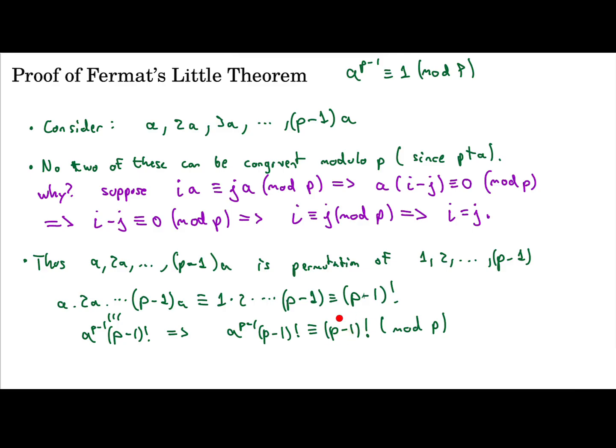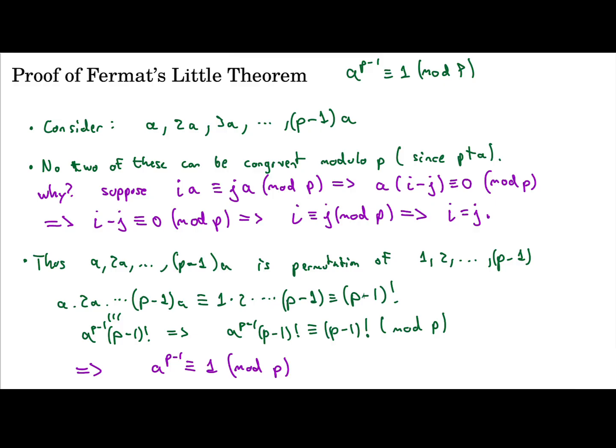So p minus 1 factorial has some inverse. So we can multiply by the inverse of p minus 1 factorial on both sides. And thus, we get a to the p minus 1 congruent to 1 mod p. And so that proves Fermat's little theorem.